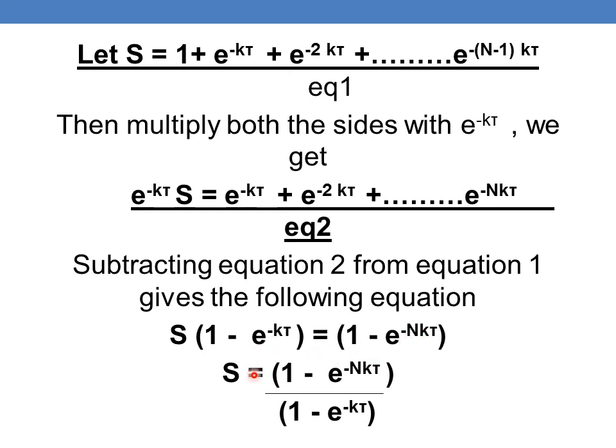Similarly, S equals 1 minus e to the power of minus n k tau by 1 minus e to the power of minus k tau, where n is the nth dose, k is the elimination rate constant and tau is the dosing interval.